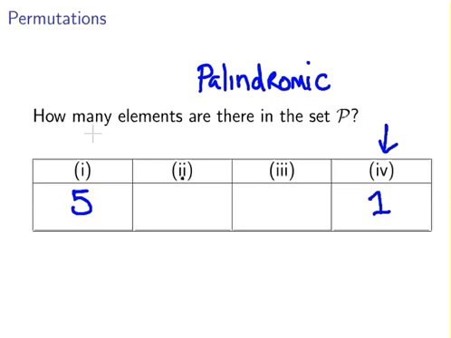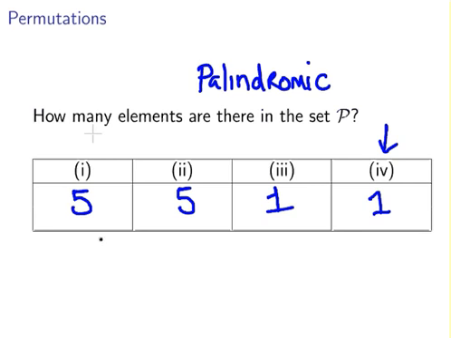How many elements are there? Okay, so how many options do we have for the second selection? Well, again, we have 5. We could pick any of the 5 letters. But just as it was the case for the first selection and the last selection, we are now limited to 1 and only 1 option for the third selection.